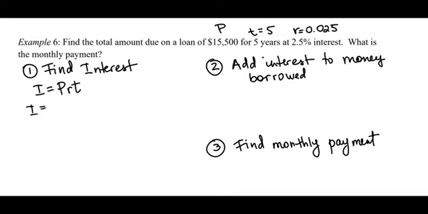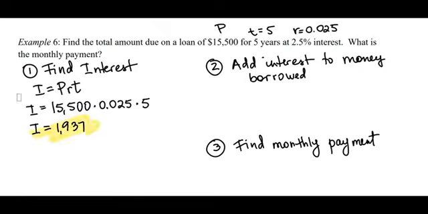I equals 15,500 times 0.025 times 5. The total interest paid over the life of this loan over 5 years is $1,937. All right, so that's the first part.